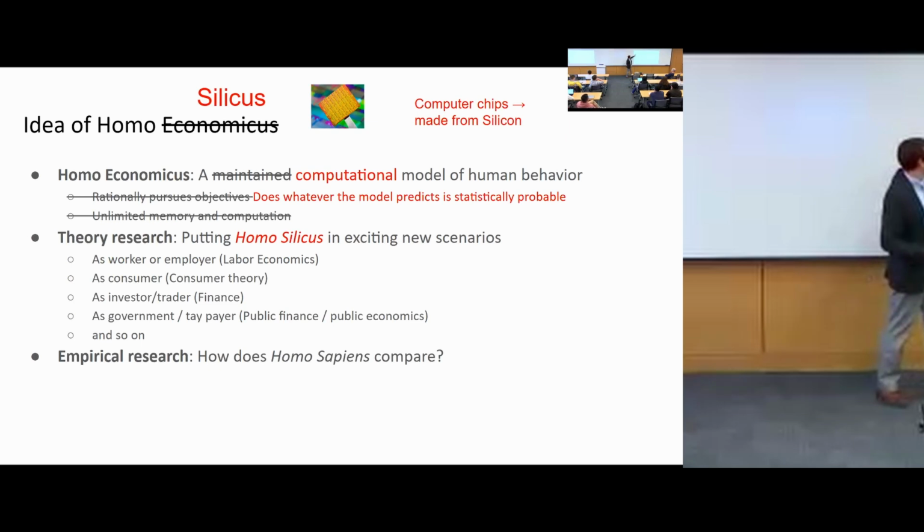Instead of a maintained model of human behavior where it solves these first order conditions, it's a computational model. Rather than presuppose what it does, whatever the model predicts is likely to happen in this context, and then I can go and do the same kinds of things I was doing before.